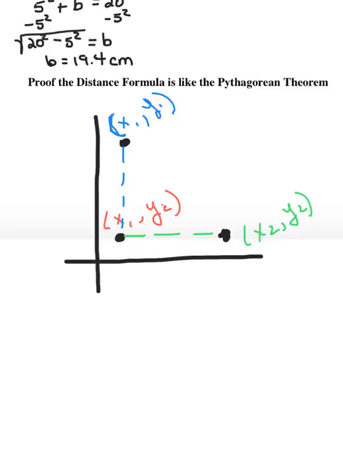I've put in x1, y1, an x2, y2, and this point down here that would form the right angle is actually x1, y2. Okay, because this is the same x1 and this is the same y2 all the way across. So we're going to use this diagram to prove the distance formula.